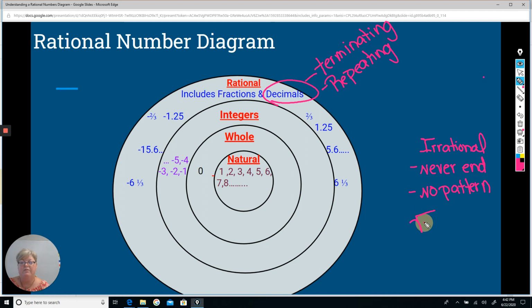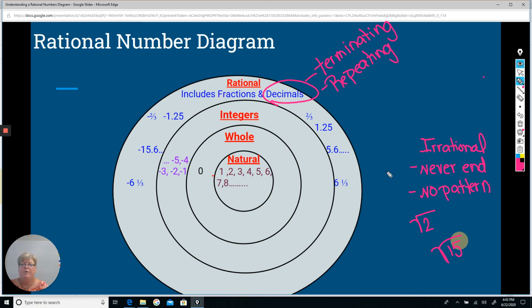Like the square root of 2 when you put it in your calculator, that would be an irrational number. If you did the square root of 15 and you key it into your calculator, that is an irrational number.